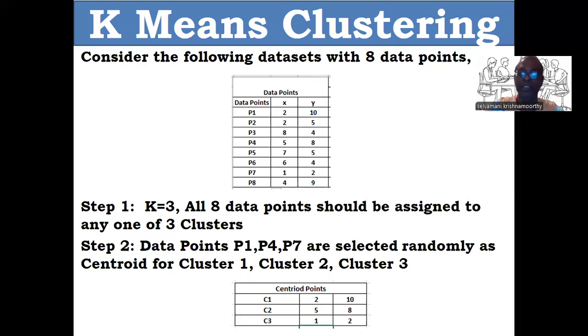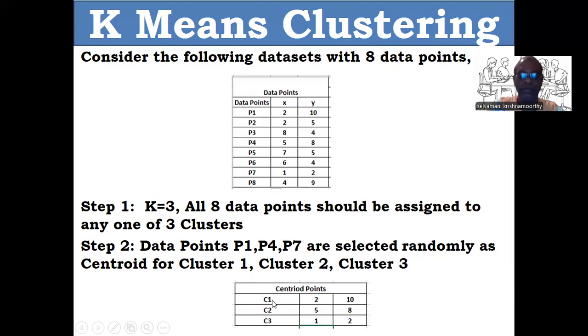Step 1, as already said, we randomly select the number of clusters. Assume here I select K equal to 3. That means all data points should be assigned to any one of these 3 clusters because K value is 3. Step number 2, data points P1, P4 and P7 are randomly selected as centroid points for cluster 1, cluster 2, cluster 3.